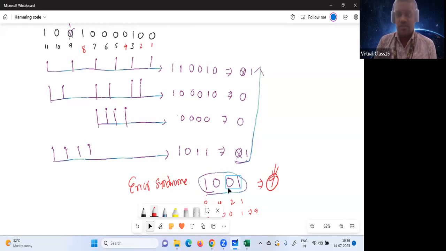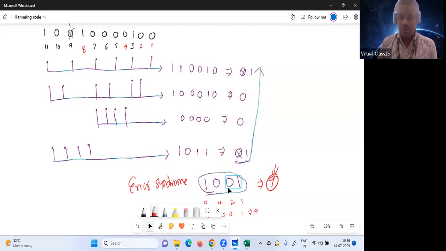At the receiver side, the receiver computes the error syndrome as per the same procedure. Like the rule for P1, it considers all bit positions, forms a string, finds that string's parity, and computes the error syndrome.